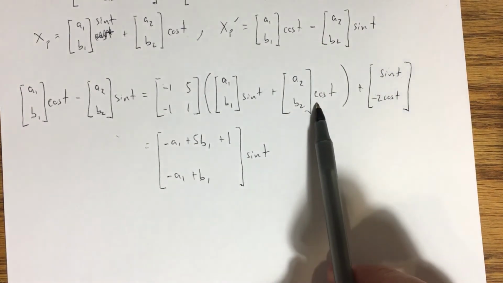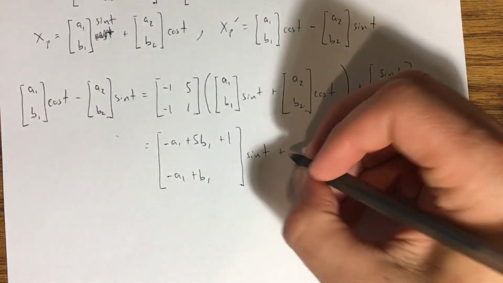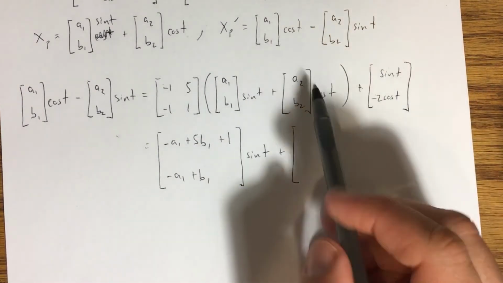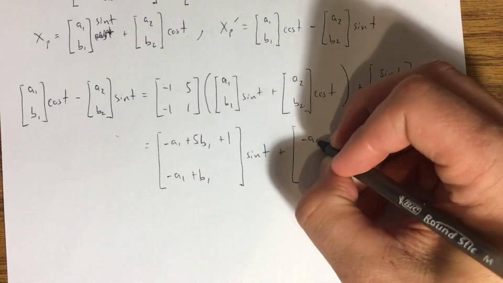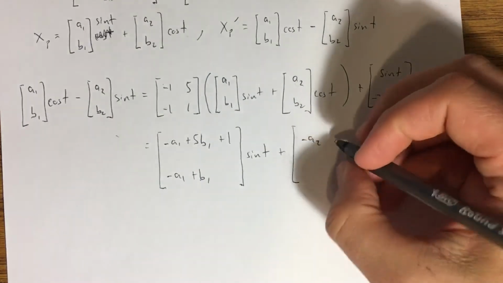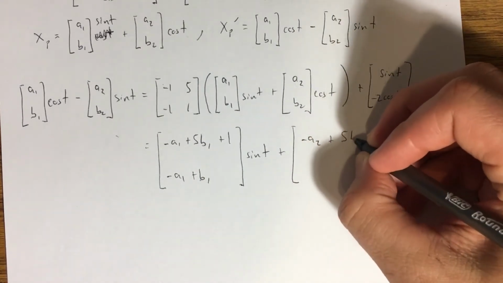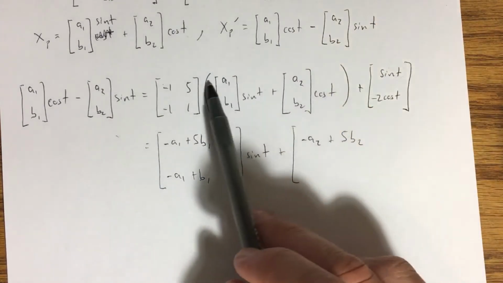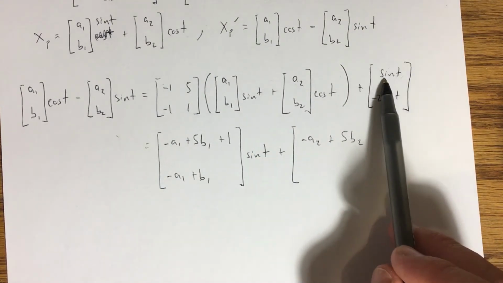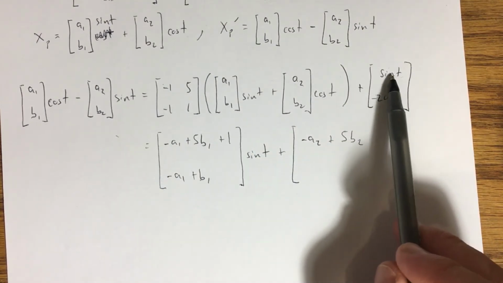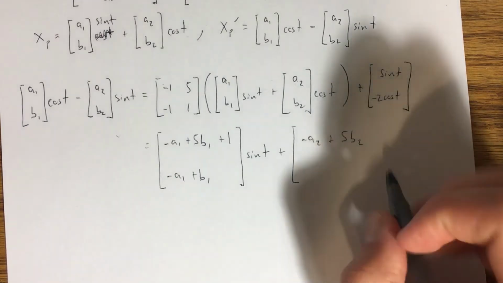Now we do the same thing with the cosine. So I'm going to have A2 times -1, that's -A2. B2 times 5, that's plus 5B2. And then because it's in the first row that we're dealing with, I would also add this first row, but there's no cosines here, so there's nothing to add.